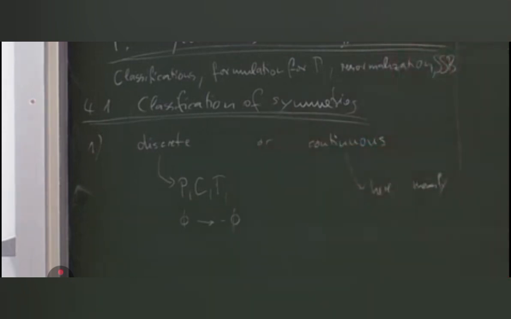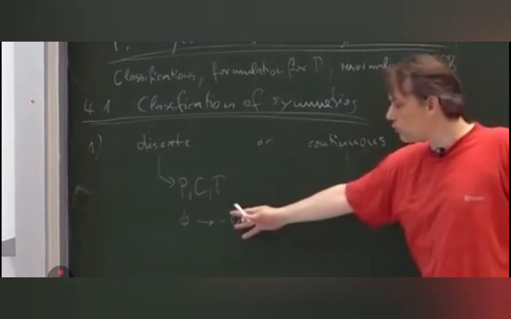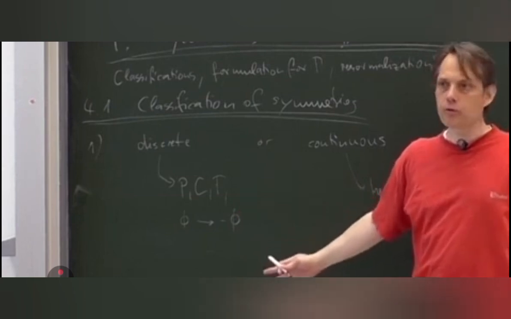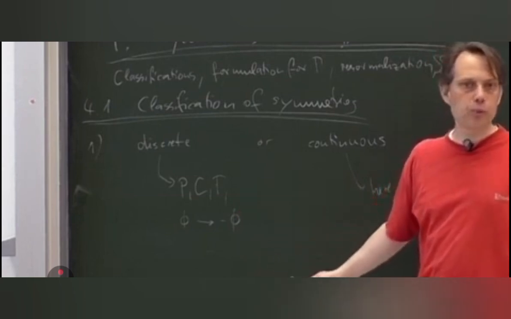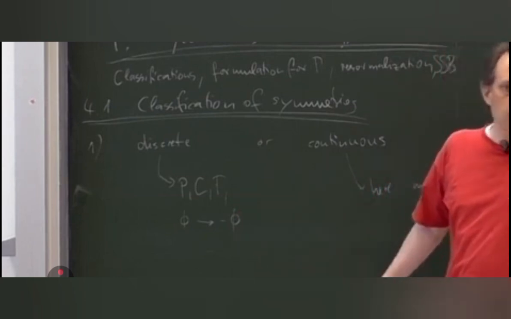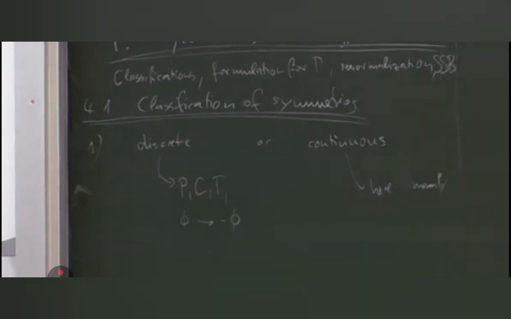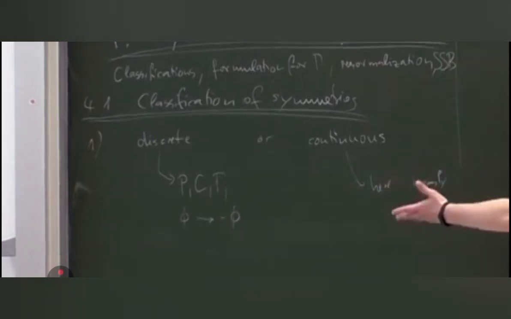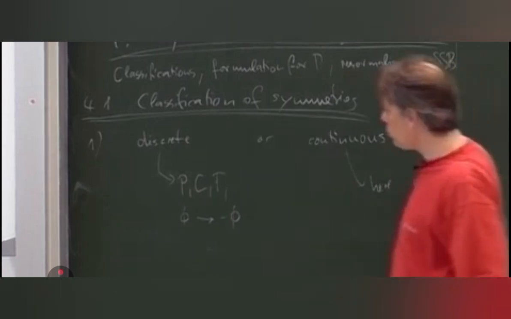In the full theory, even at the loop level, the effective potential was still invariant under a sign flip, because also the loop corrections contained only phi square and functions of phi square. So these are discrete symmetries, however, they are not in the focus of our main discussion, even though they are definitely of high interest for applications.